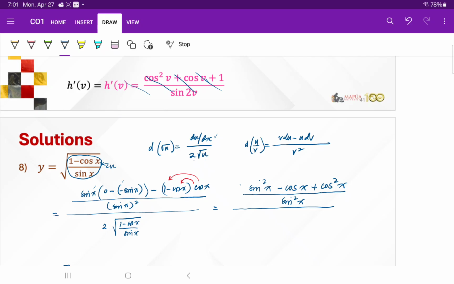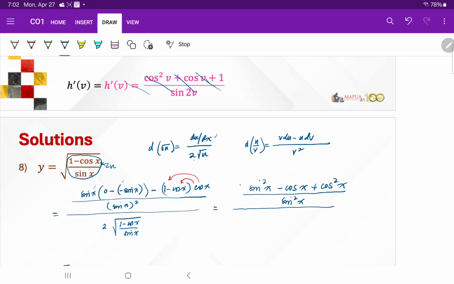And so this now is equal to what? And so this gives us, in the denominator, we have a 2. We could write it as 2 times 1 minus cosine x over sine x to the 1/2.